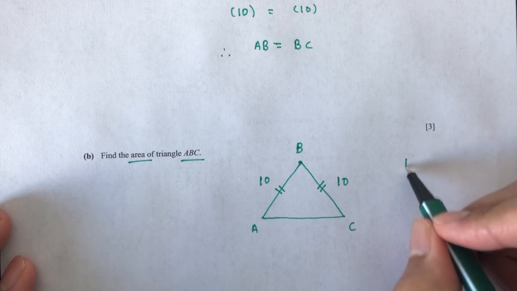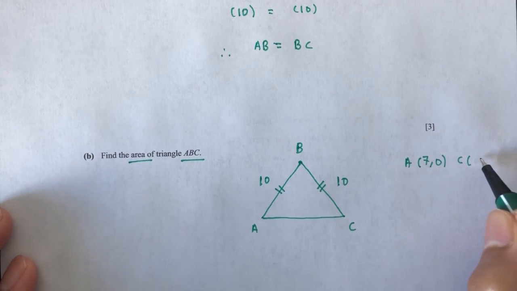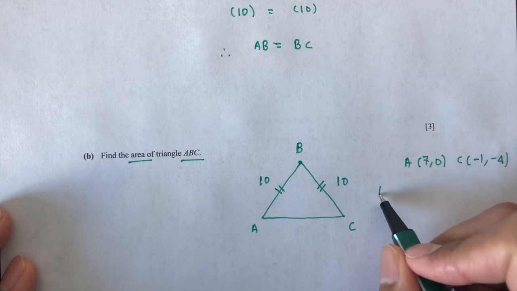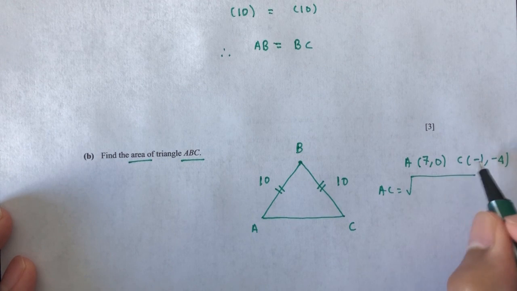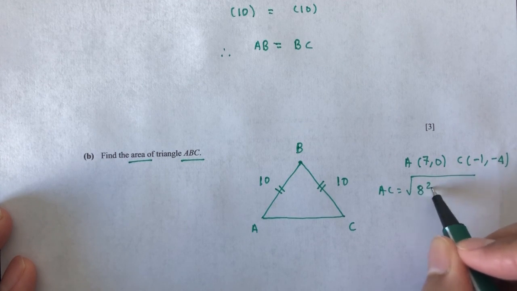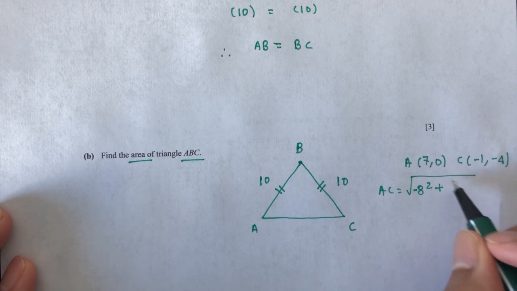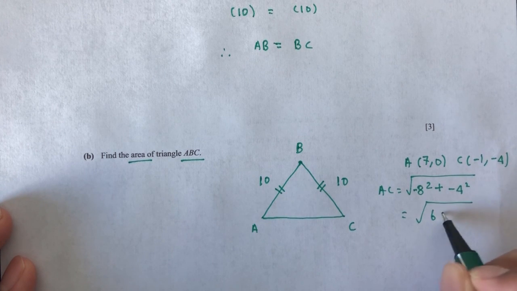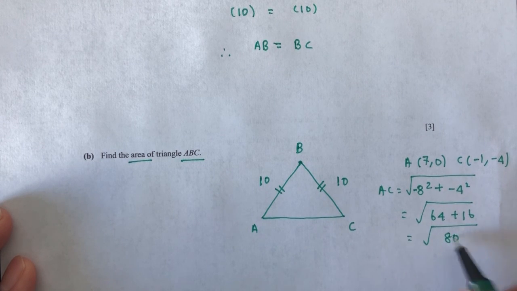A is 7, 0, C is -1, -4, right? So AC will be the square root of -1 minus 7, -8 squared, plus -4 minus 0, -4 squared, which is 64 plus 16, which is square root of 80. So this will be the length of AC.